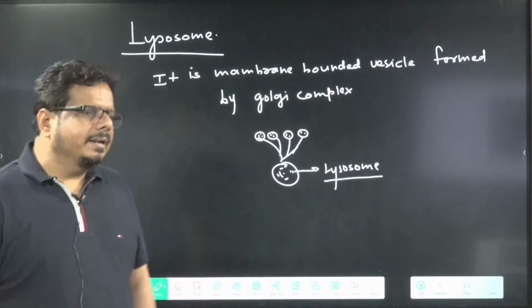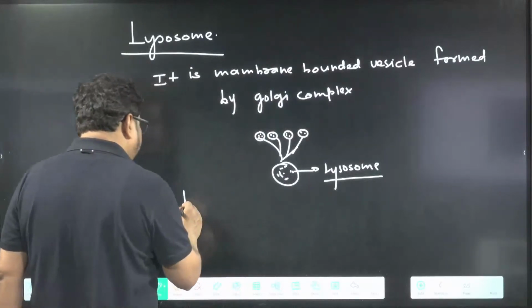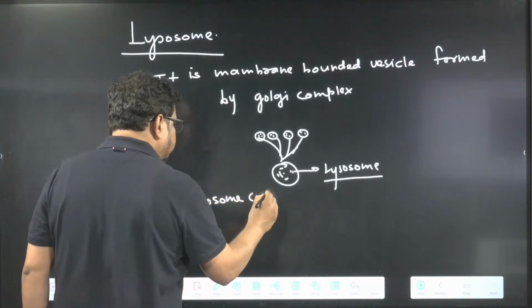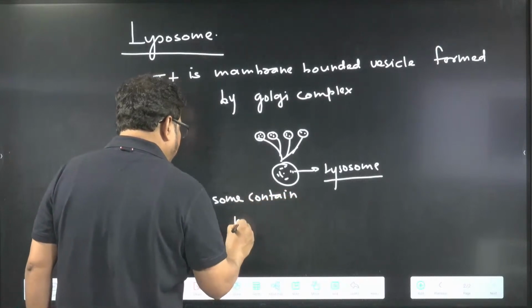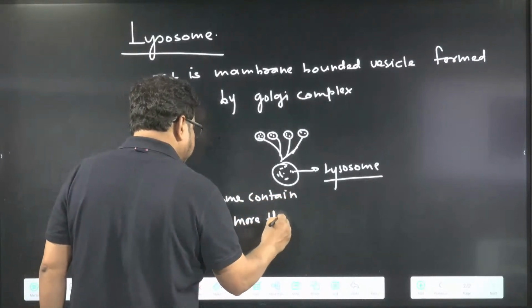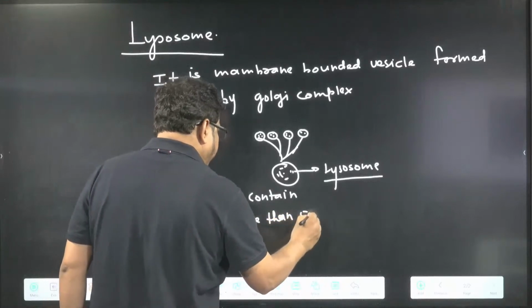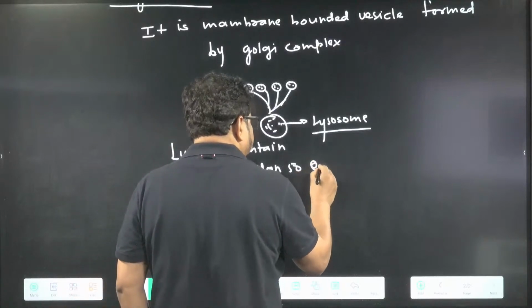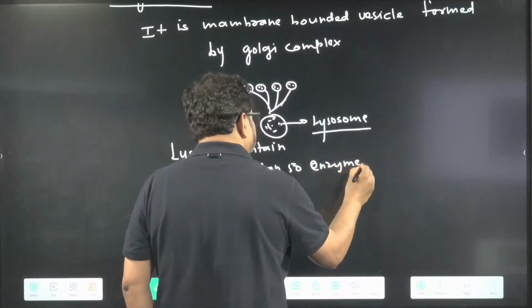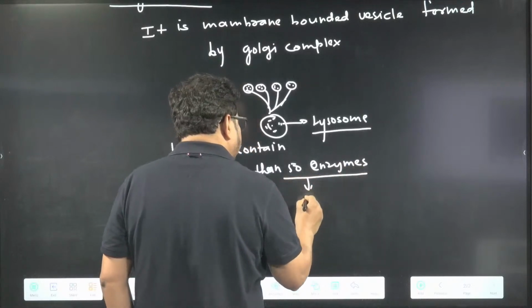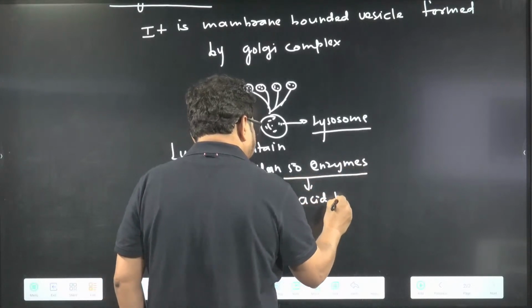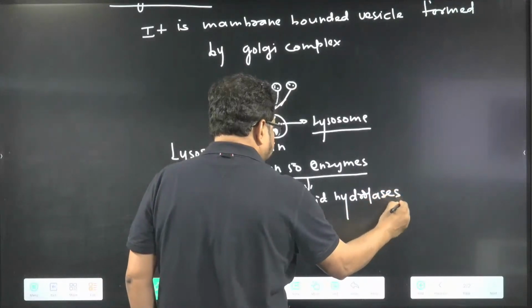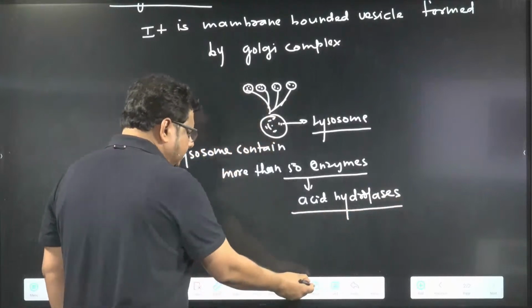Right. So what happened? These lysosomes contain more than 50 enzymes, and these enzymes are called acid hydrolases.